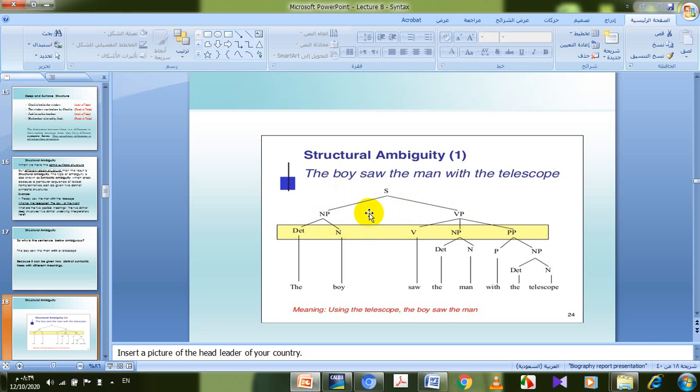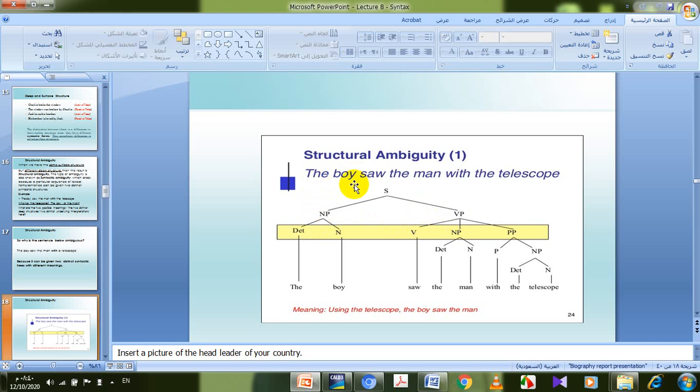Usually in syntactic analysis, or syntactic tree diagram, we have sentence, noun phrase, verb phrase, directly. Where is the noun phrase?